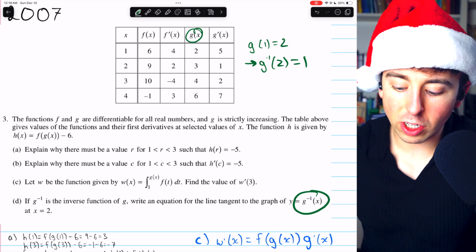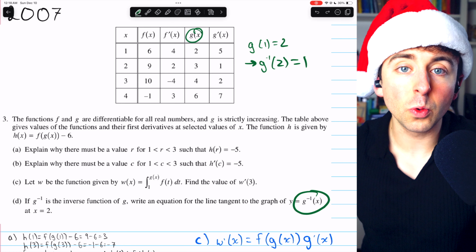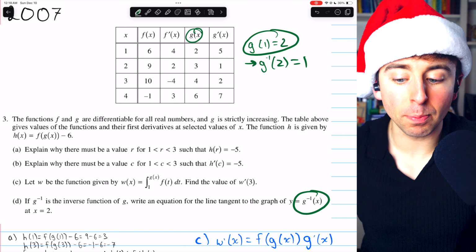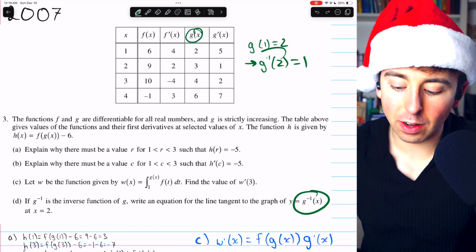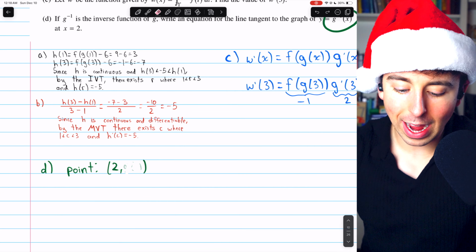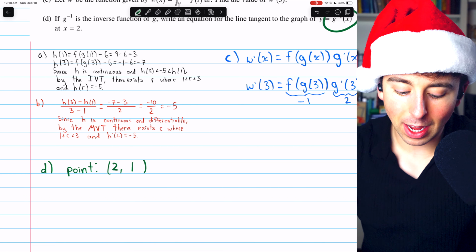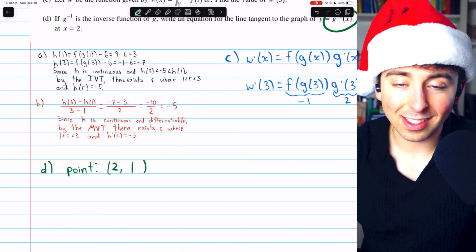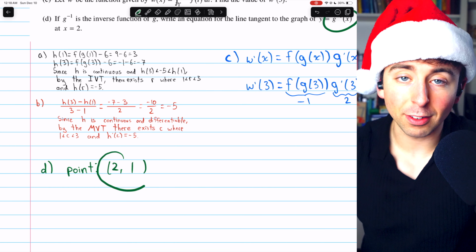So to evaluate g inverse of 2, all I had to do was look at what input makes g give an output of 2. Then I know g inverse of 2 gives an output of 1. And so that's going to be my y-coordinate. Thus, I've got my point, now I just need my slope. So I need to find the slope of g inverse at this point.